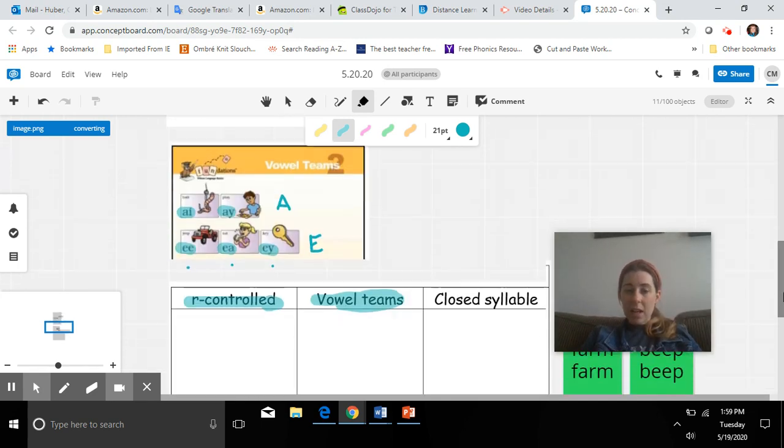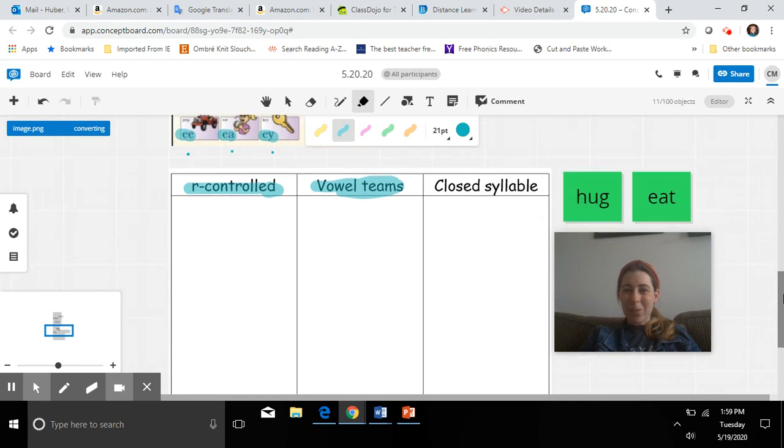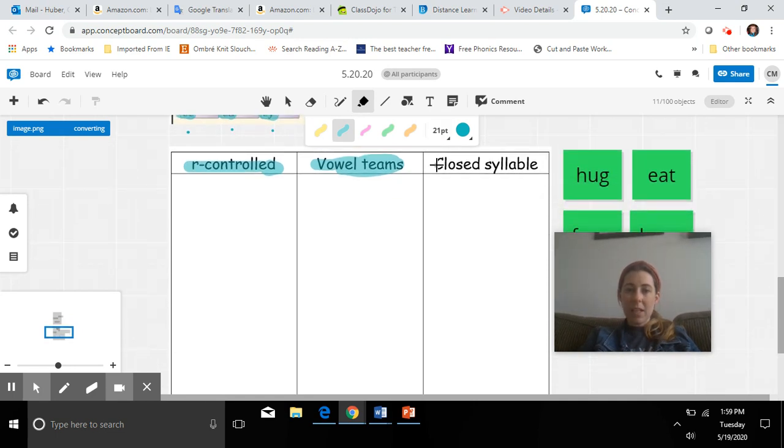And then the last column will say closed syllable. Can you repeat that with me? Say closed syllable. We are going to be looking at words. We're going to put them into the column where they belong.